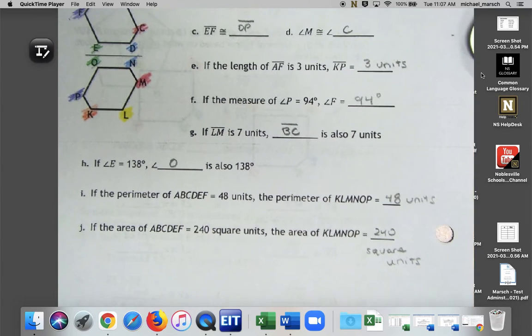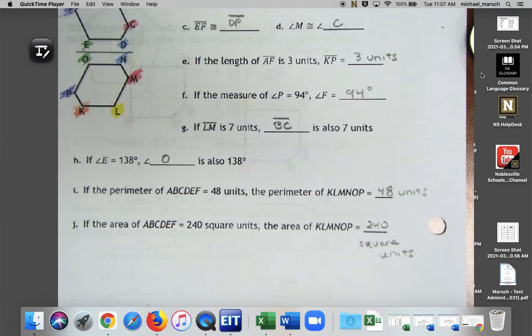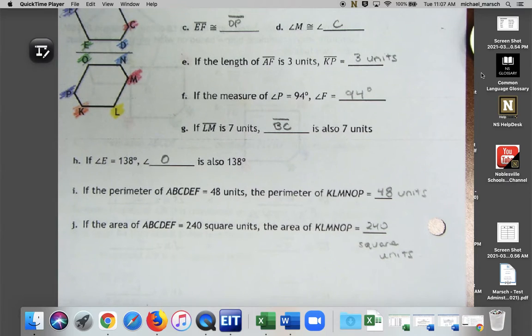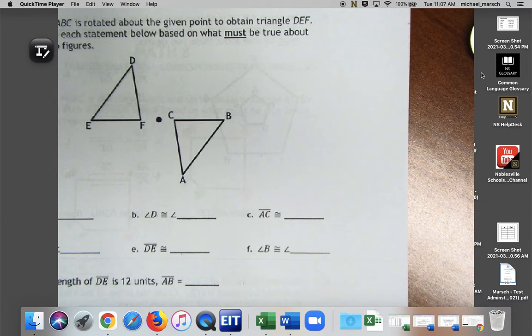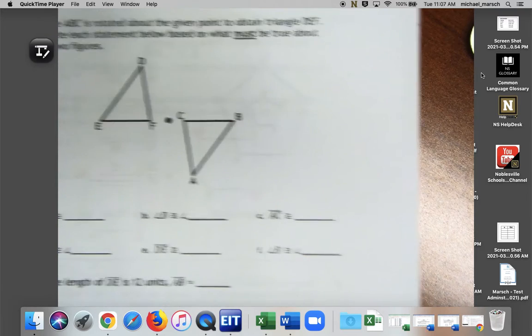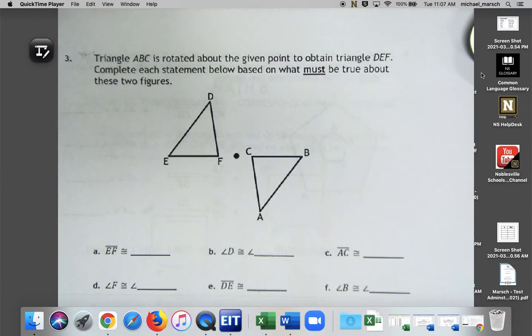Okay, let's turn to question 3. Is anybody still working on question 2? Question 3, we have a rotation. Rotations can get confusing when you're trying to find your corresponding parts and color coding. So what can I use as a backup if I can't see it? The letters.